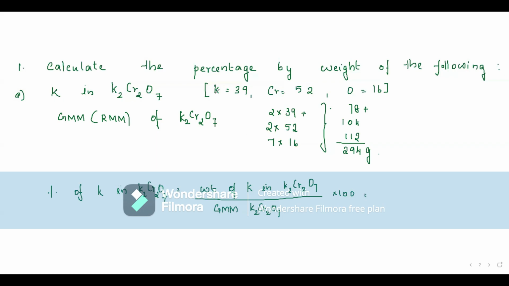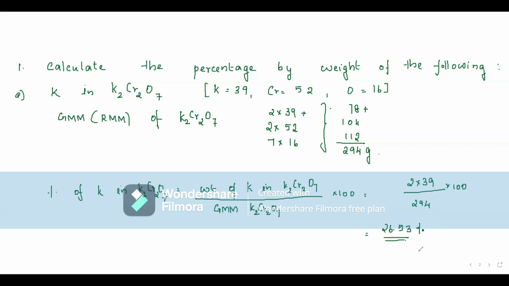It is K2, right? 2 atoms of potassium are present. So 2 into 39, 78 by 294 into 100. Now you will have to solve this. On solving, your answer is 26.53. Keep the answer up to the second decimal place.